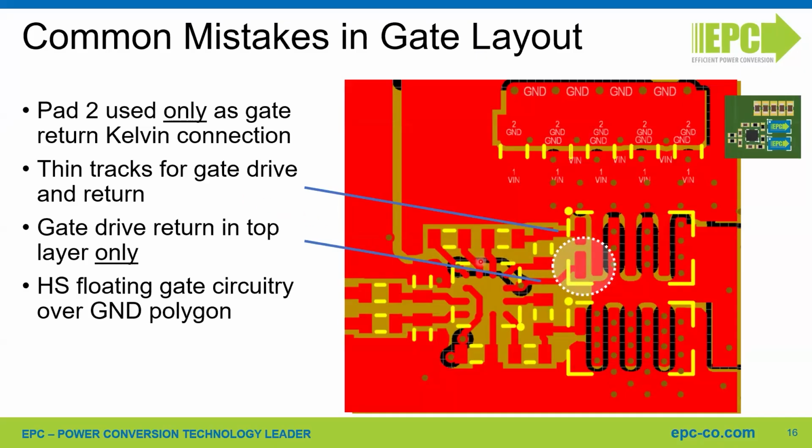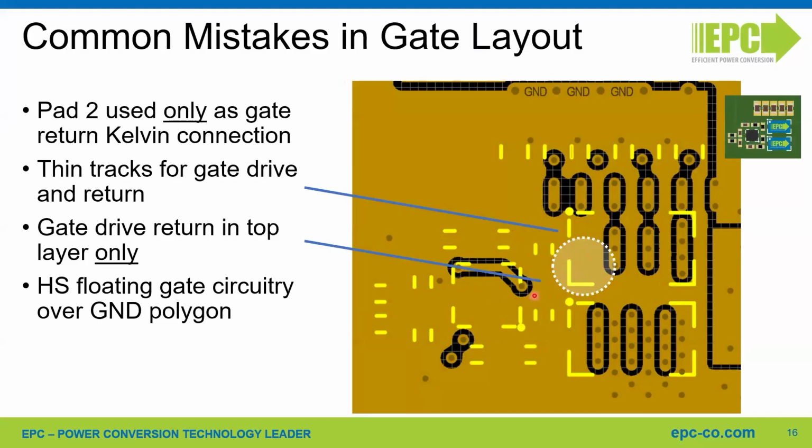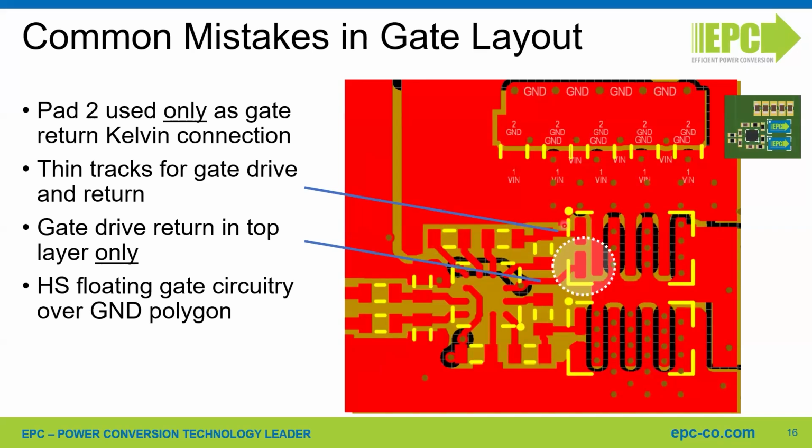So one first effect of not having a return polygon connected to the switching node on the inner layer 1 is that the gate loop inductance is increased a lot, because it's the same difference between the lateral layout and the internal lateral layout. With the difference that here you actually have the ground return plane to mitigate the effect, but the effect is to increase the loop inductance of the gate circuit.